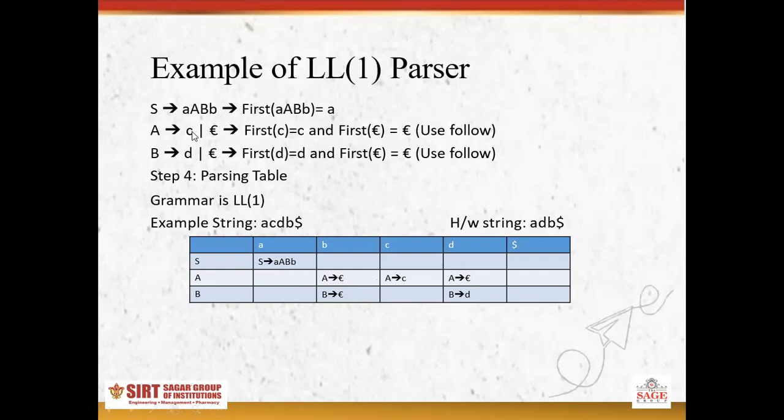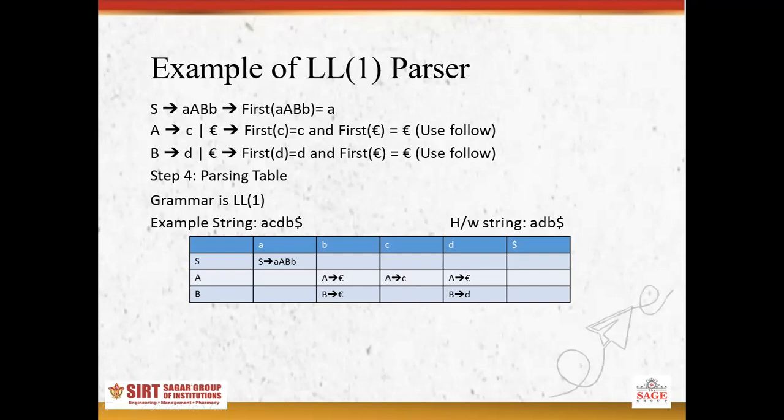First of capital A is c and epsilon. When we get epsilon in the first, we put the entry for epsilon in the follow of A. First, we put A produces c in the column of c.